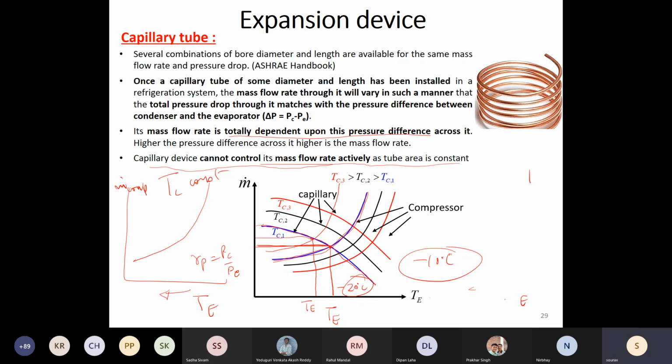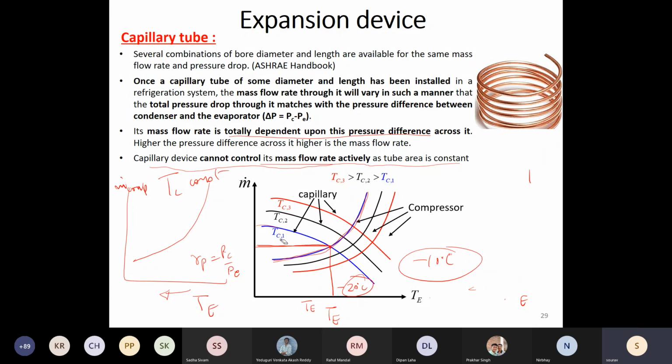If you want your evaporator to operate at -20 for a particular condensing temperature, then you have to size your capillary tube and compressor for that. If you bring in a bigger compressor, you will have a shift in evaporator temperature, or vice versa.